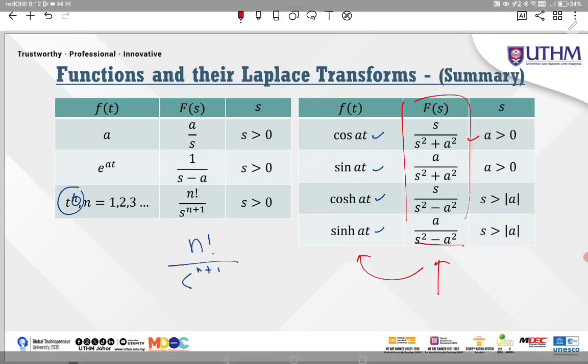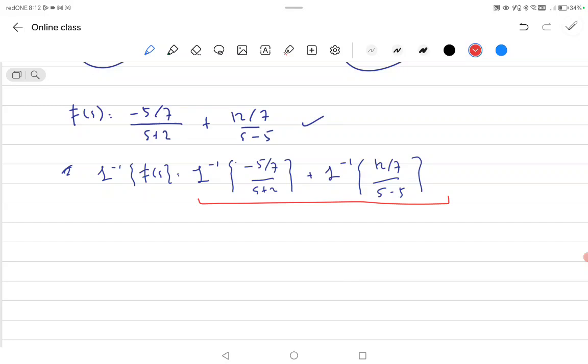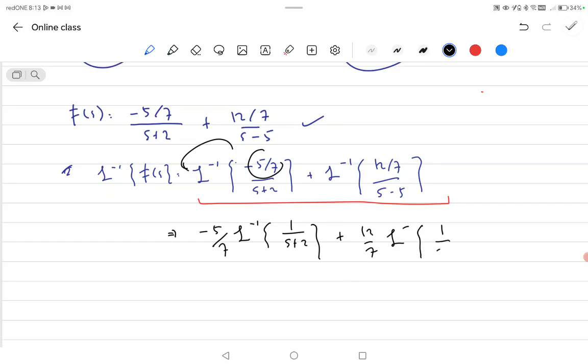So if we refer to our case, because this is the constant, we can put it in front of the inverse Laplace: minus 5 over 7 inverse Laplace of 1 over (s + 2), plus 12 over 7 inverse Laplace of 1 over (s − 5).